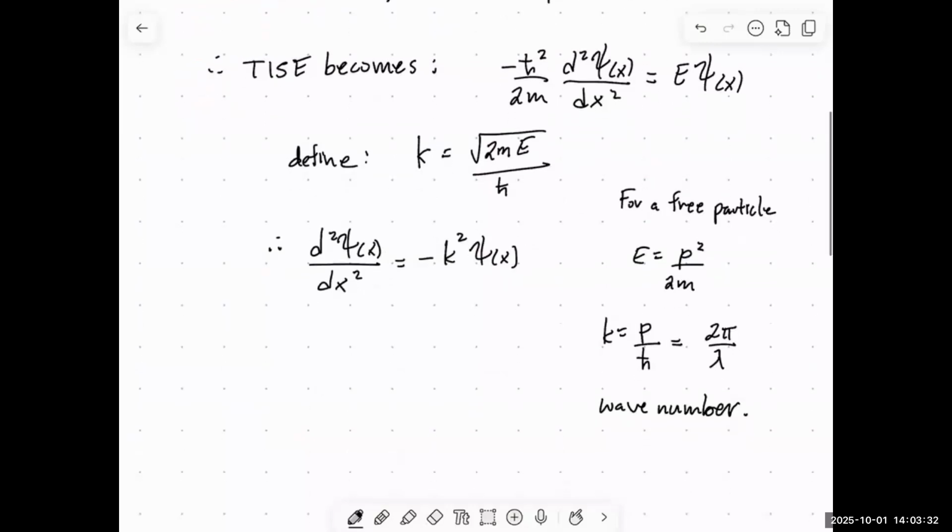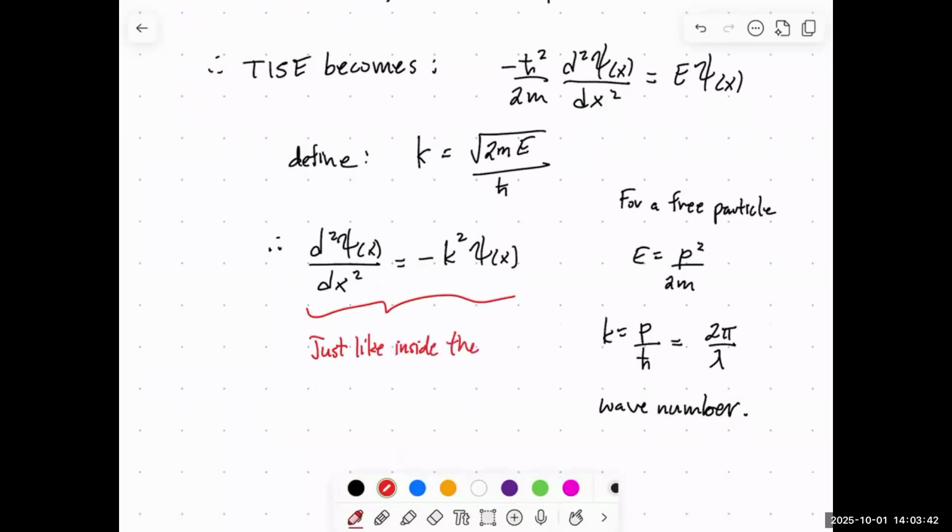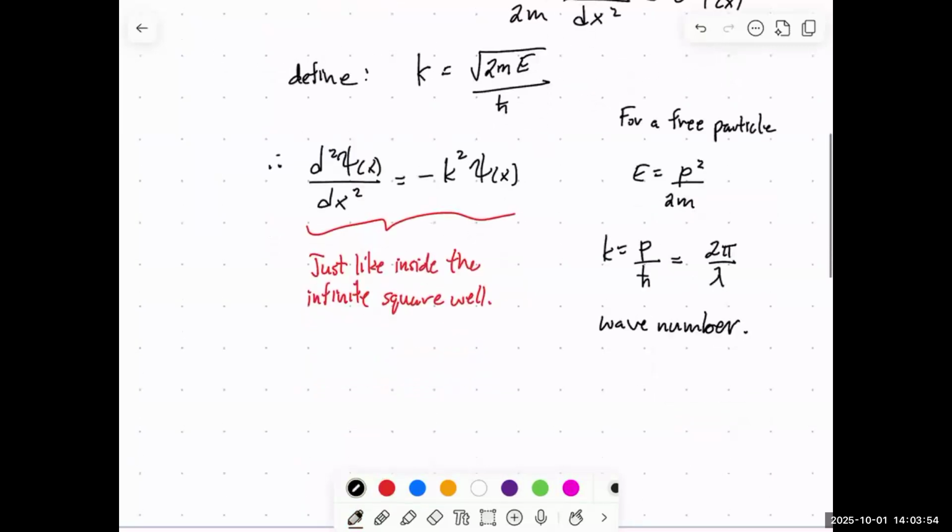All right. So we've seen something like this before. This is just like inside the infinite square well. And in fact, the way we solved this problem in class is we assumed solutions of the form psi of x equals A e to the ikx plus B e to the minus ikx.